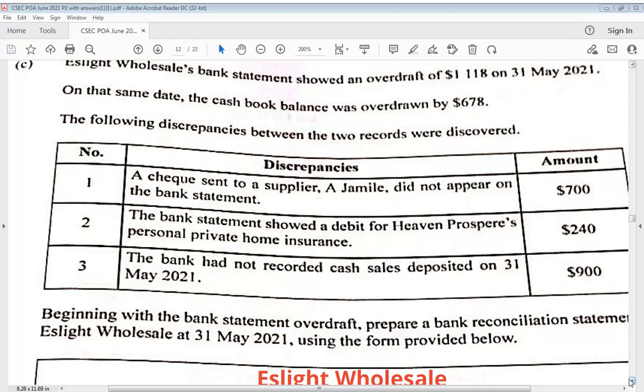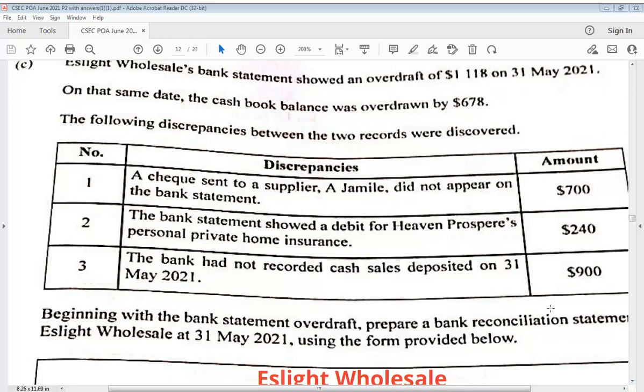So in preparing our bank reconciliation statement, we first have to put our overdrawn balance as per bank statement, and that's 1,118. Then we're going to add our unpresented check, which is A. Jamili, 700. When we add 700 to 1,118, we get 1,818. Then what are we going to do next?